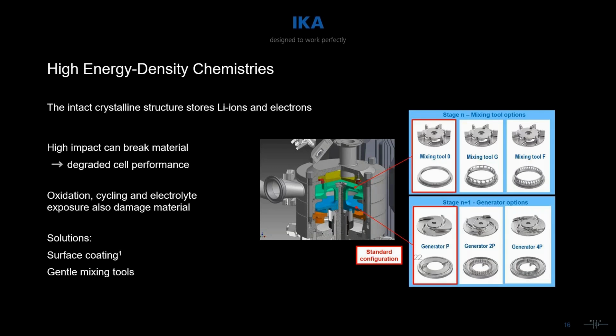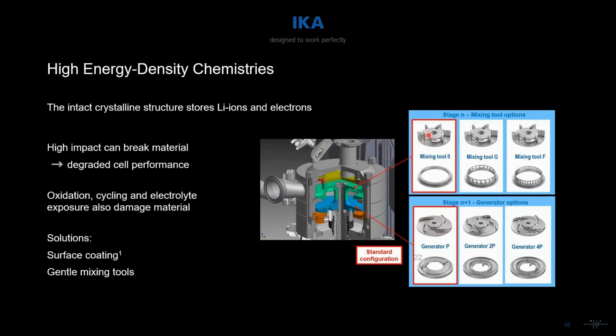And then for your particle to particle bombardment, when you're mixing these types of chemistries, you're going to want to choose a gentle mixing tool. So I'm just, for the sake of it, showing the IKA mixing options. For the disperser, you can see on the left, these mixing tool 0 and generator P have very large gaps for the particles to flow through.